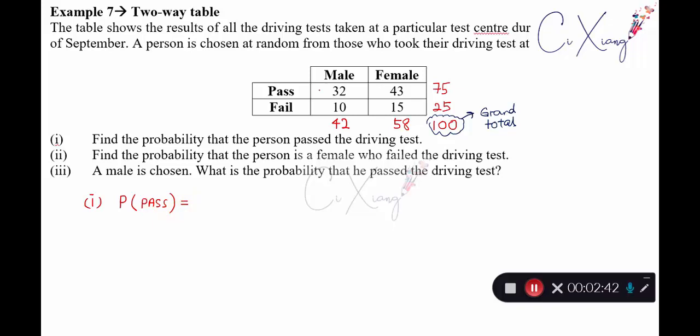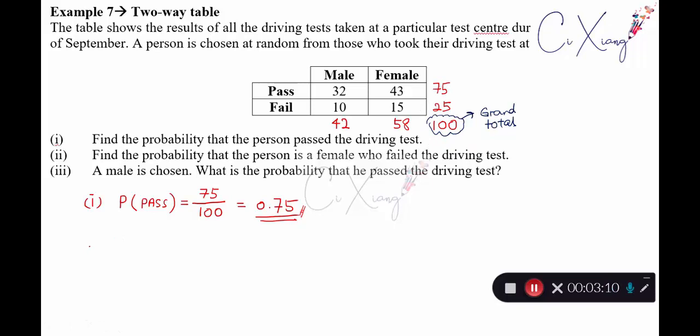To get the probability, you need to look for the total number of pass, which is 75, over the grand total, which is 100. Simplify your answer and you will get 0.75. So you'll see that it is quite a useful method.